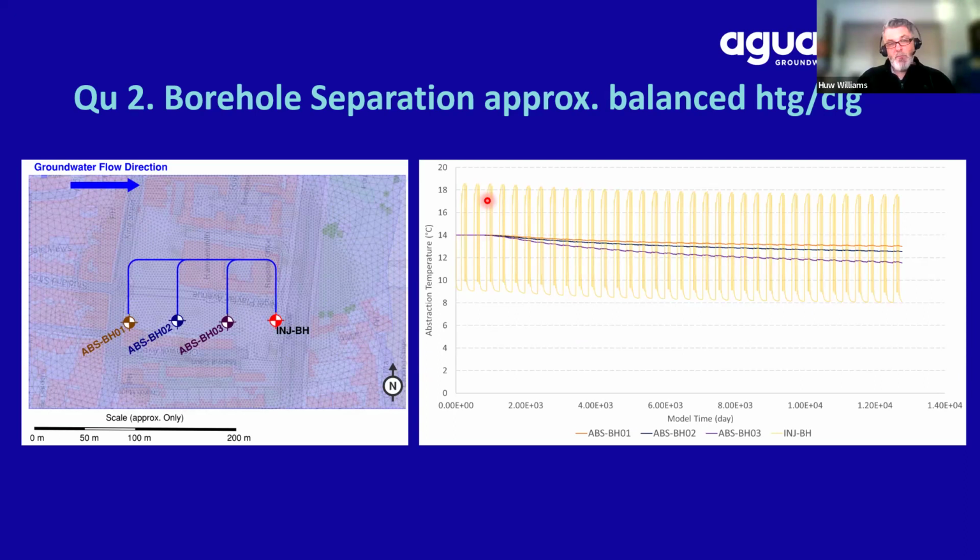So the net impact on our abstraction boreholes, whilst we can still see a similar pattern, borehole 3 the most, borehole 1 the least impact, we can obviously see that the overall impact is significantly less. So what can my borehole separation be for a perfectly balanced system? That can be a lot less.